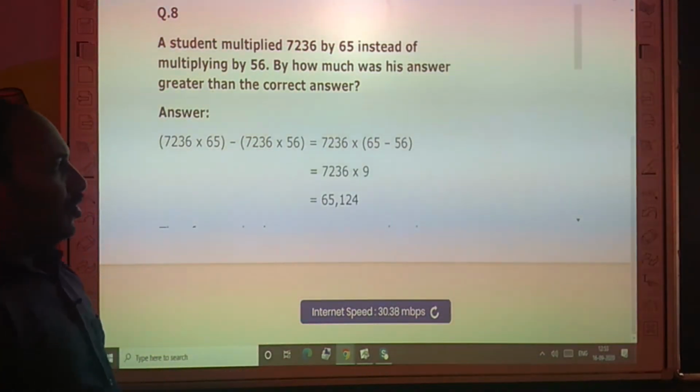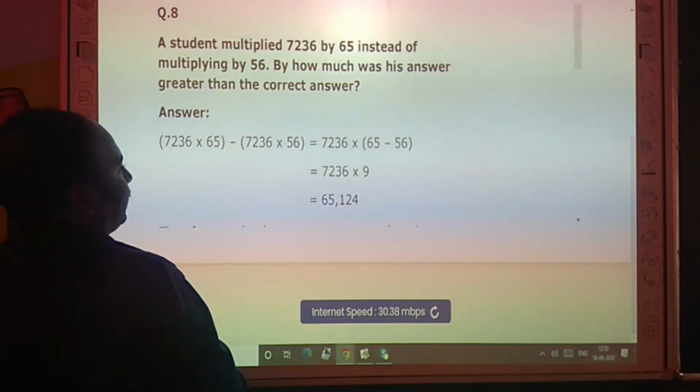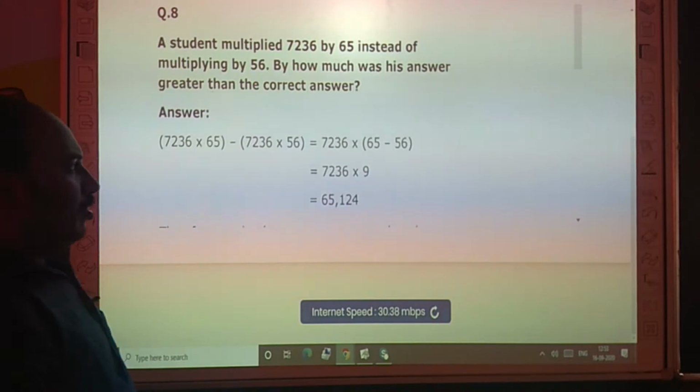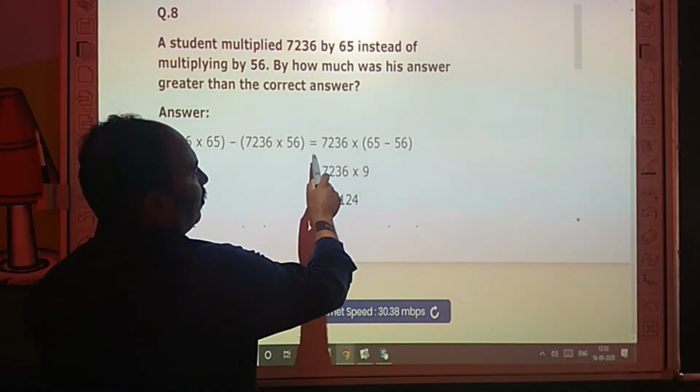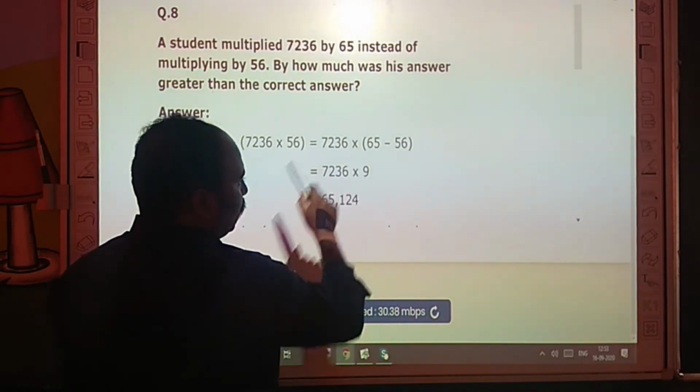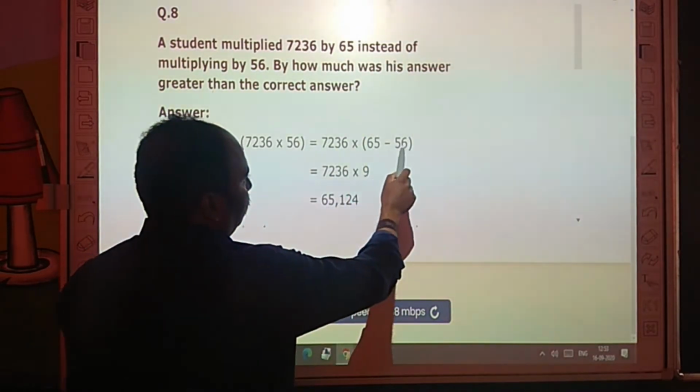We use the distributive law for subtraction. 7,236 is common, so we take it outside: 7,236 into (65 minus 56).